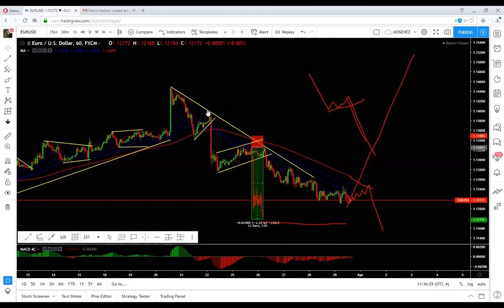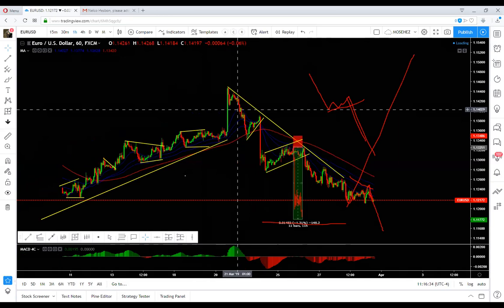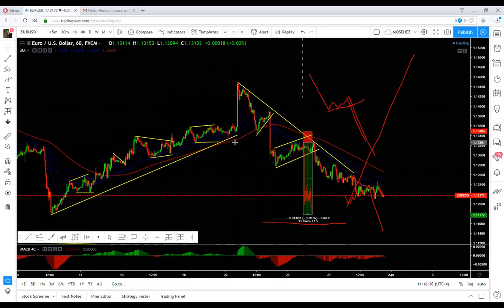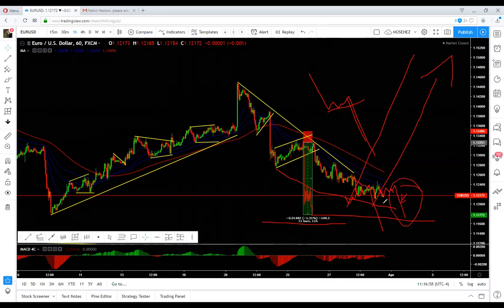Basically what that means for us is that maybe this was a correction, now it's completing, and that move is going to happen. But this is now the move. So I'm not looking to sell at this particular point for this small move. That is not how we trade. The move that I'm now looking at is this move.